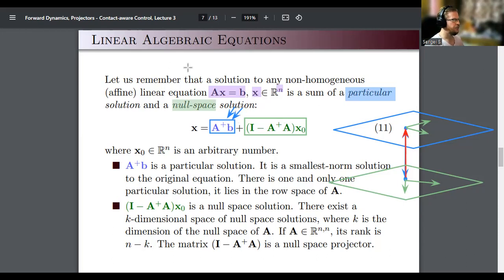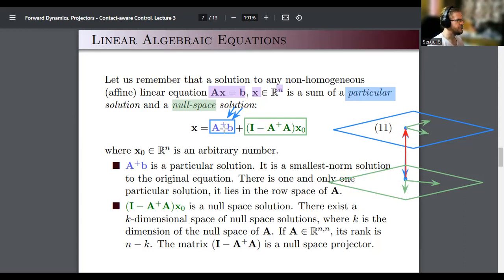You ask yourself, Ax minus b, let's find the least error, least residual, least norm solution. And the pseudo-inverse provides you exactly that: smallest error, smallest x solution. So both of those are independent. And what you find is that smallest x means zero null space, smallest error means particular solution.